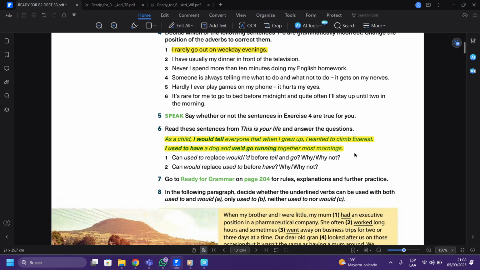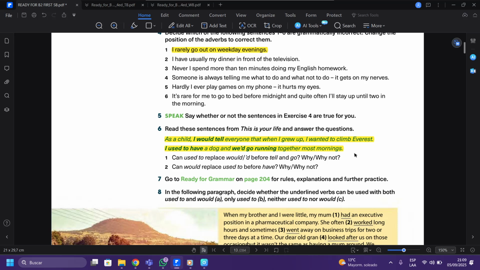Can we replace would by used to before tell or go in the sentence? Because it is as a child, this is a past habitual behavior.